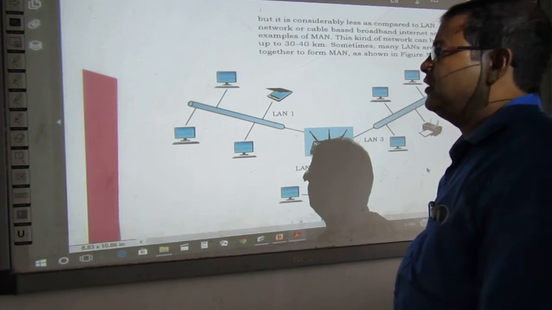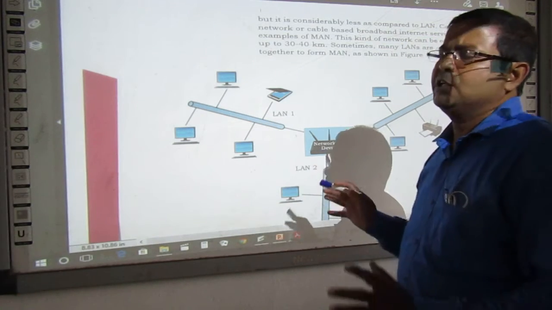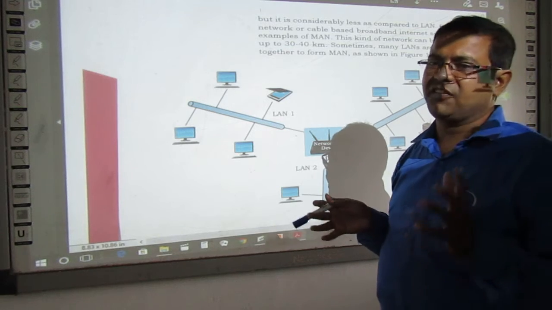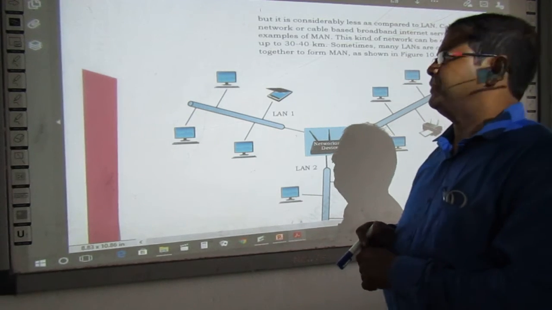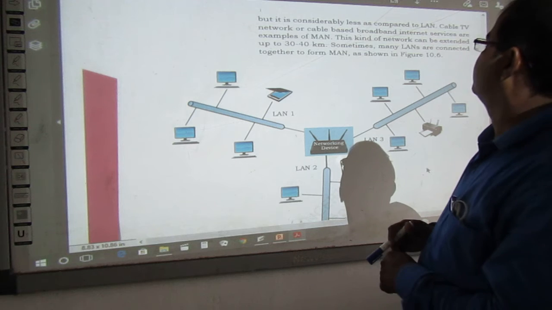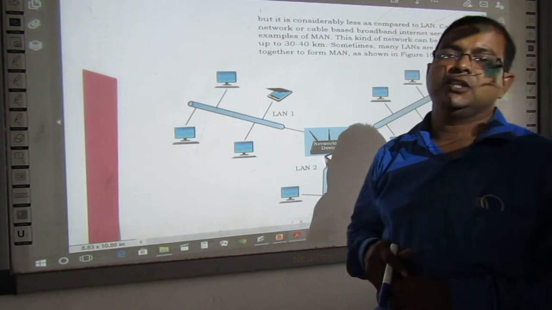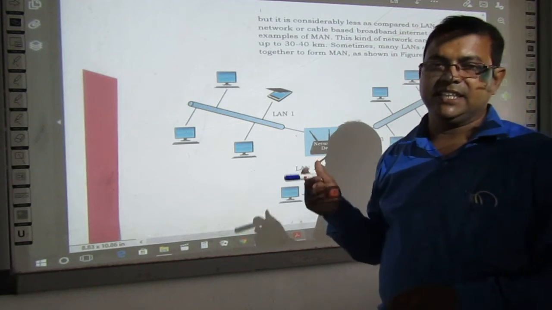When a number of LANs are connected to each other, then it can form a MAN, metropolitan area network, and it can span up to 30 to 40 kilometers. That means it can cover one city.